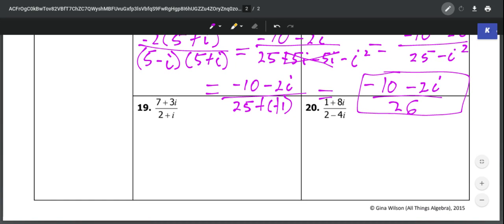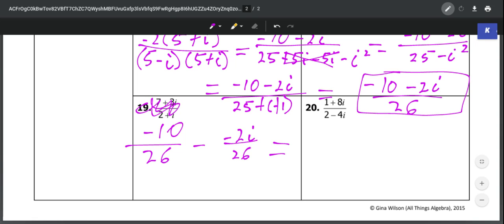So negative 10 minus 2i divided by 26 is the same thing as saying negative 10 over 26 minus 2i over 26 as fractions. And you can reduce both of those down.